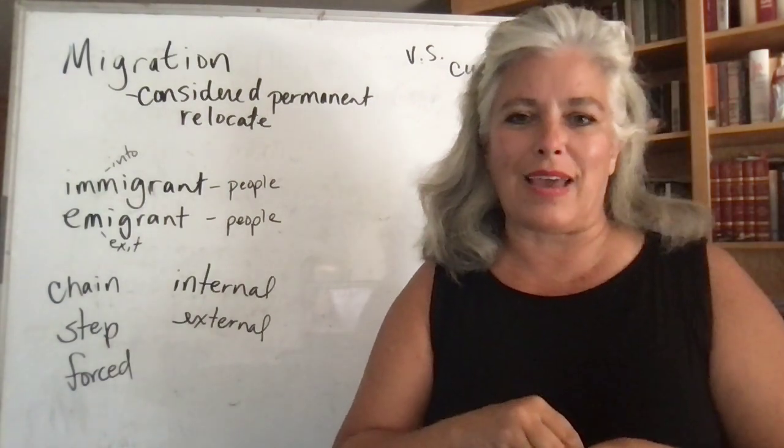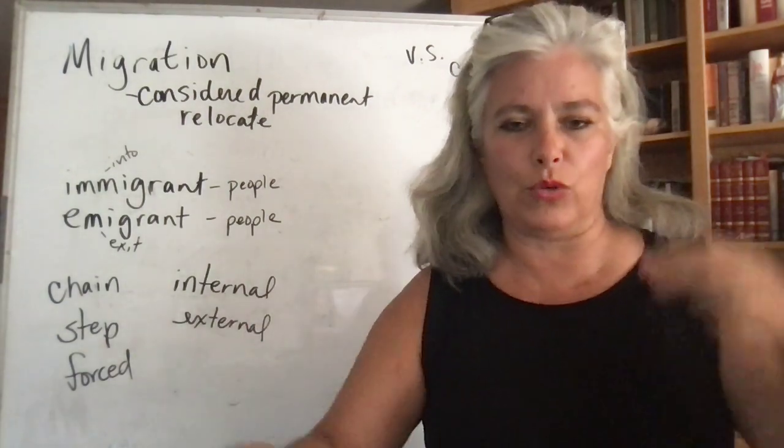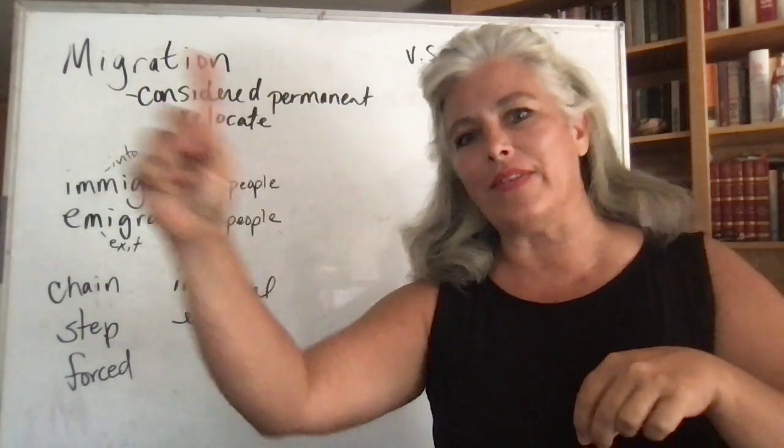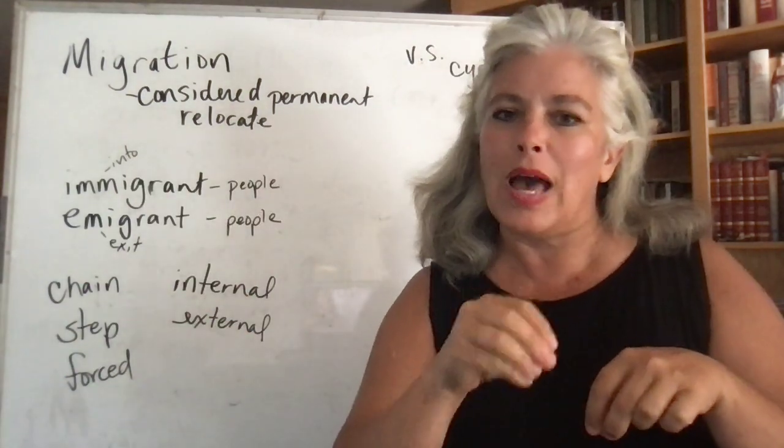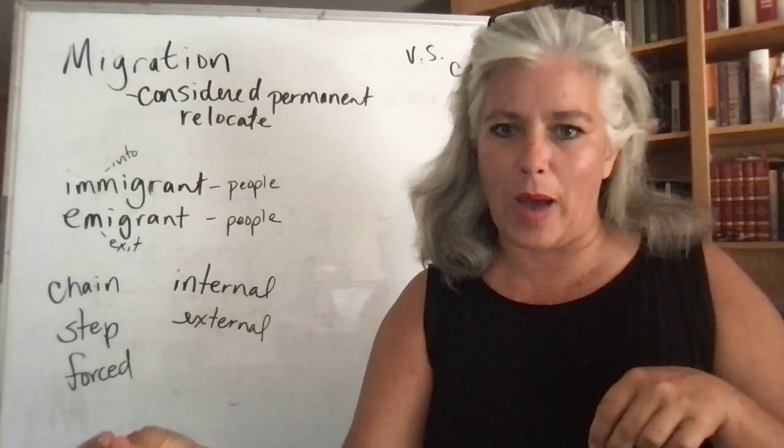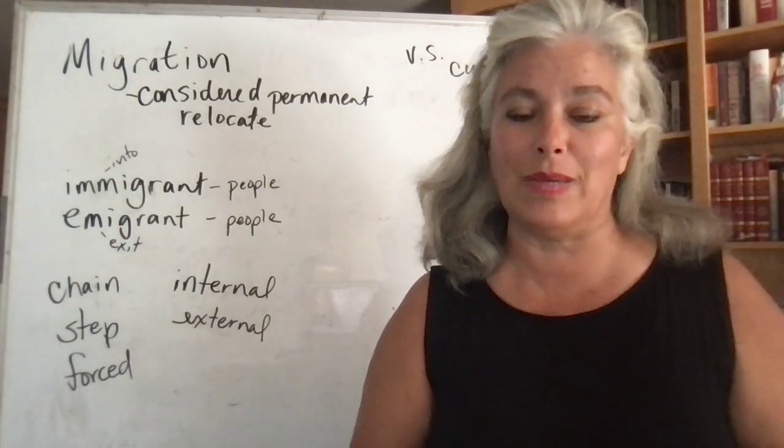Literally, you can think of it as steps toward a goal. You start in one place and you want to go to another place, but you have to take intermediary steps along the way in order for that permanent move to be successful for you.